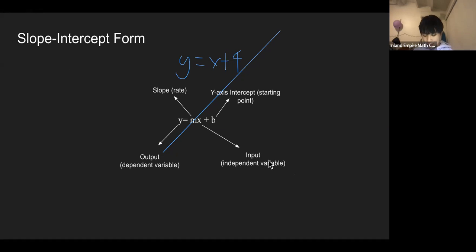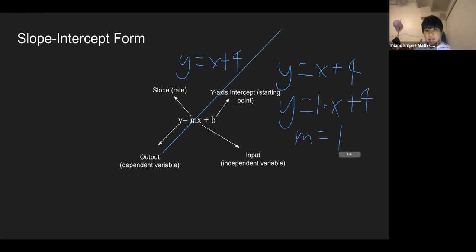Well, m would be 1, since as previously mentioned, y equals x plus 4 is the same thing as y equals 1 times x plus 4, right? So m in this case equals 1 for this equation.